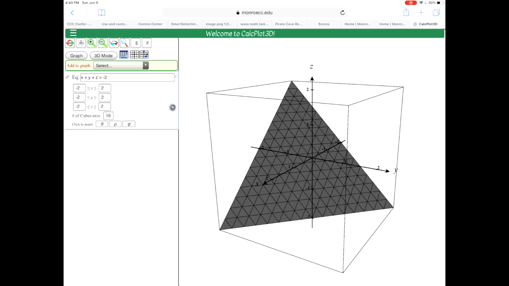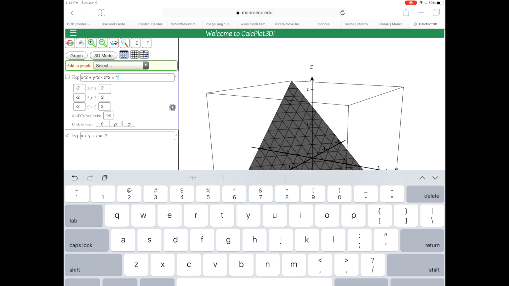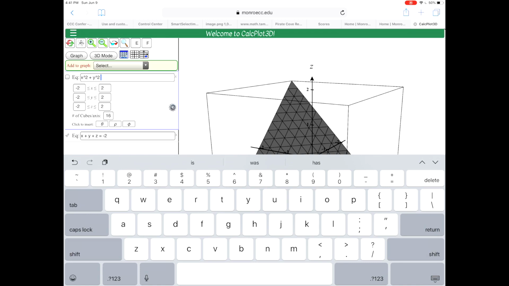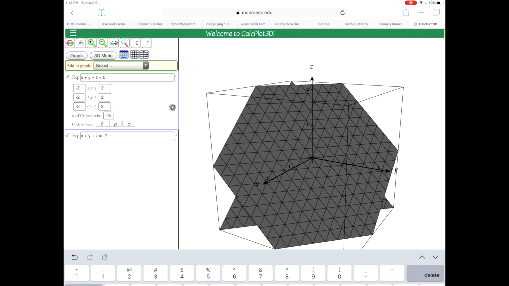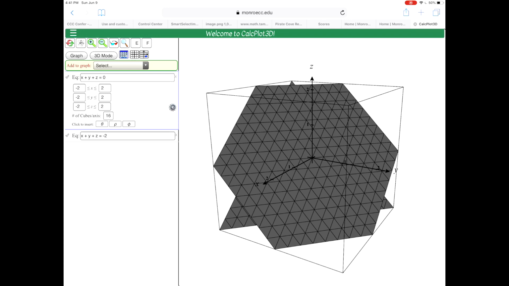And then we want to add to the graph another implicit surface, okay? It doesn't have our same graph, it has a new one. That's okay. Let's delete it. I copied the other one, so we can paste it. And then here, let's have this one equal to 0. Notice it's the same color, which is harder to see, right?